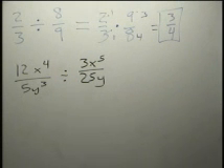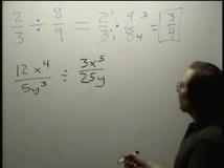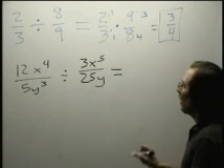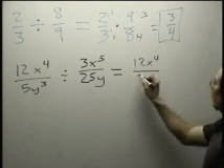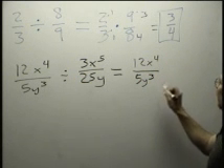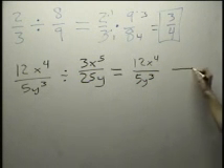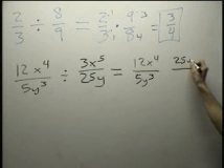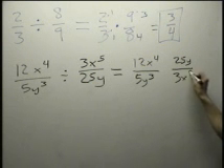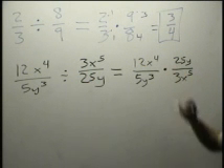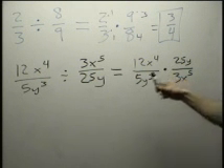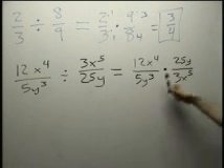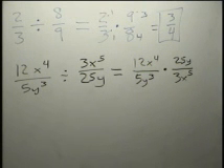Well, again, this is going to be the same as if I keep my first one the same, flip my second one, and change my operation to multiplication. So I'm dividing by the rational expression by multiplying by its reciprocal.